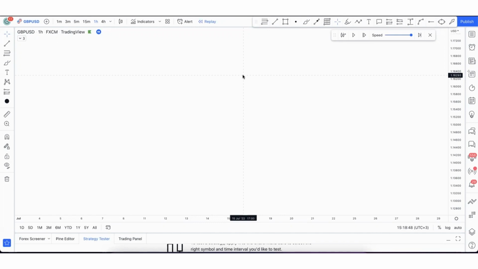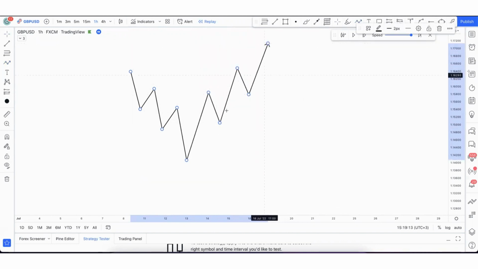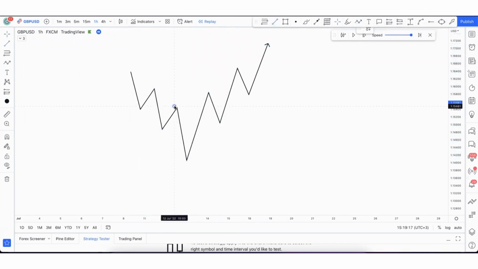I'm saying that when a market is in a downtrend like this, there is a market shift when it's from a downtrend and then the market moves like this. So there is a shift. We usually call this a change of character.